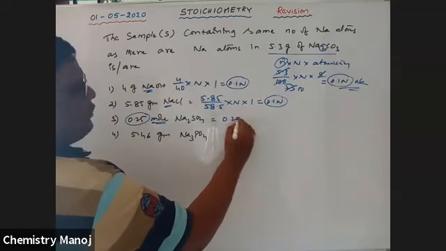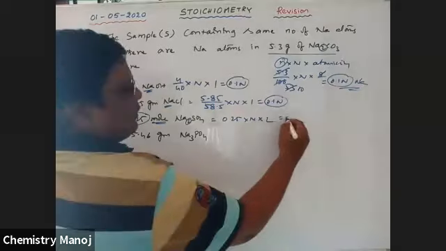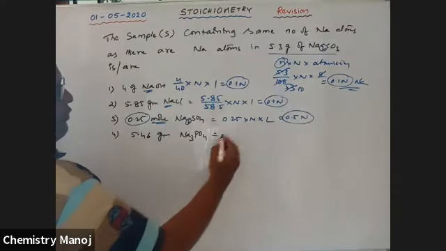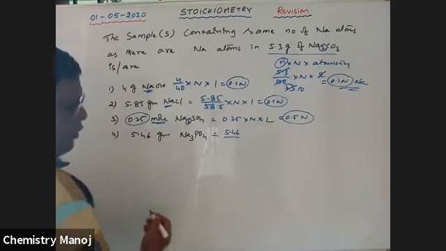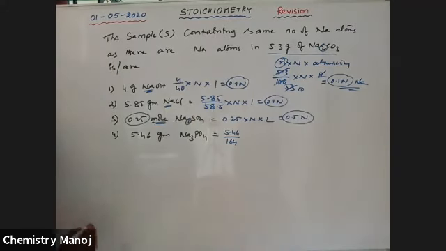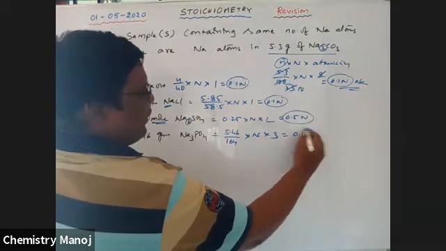That is 0.25 into N into 2, that is 0.5 N. It is 5.46 by molecular weight 164 into N into 3, which is equal to 0.1 N.